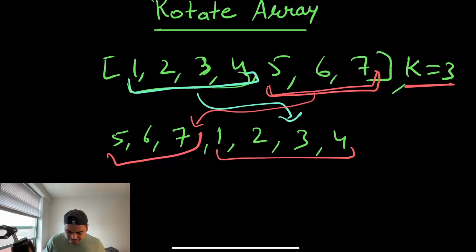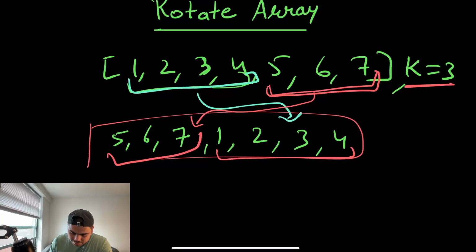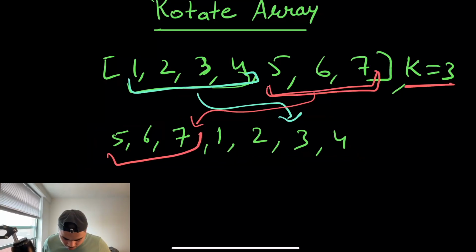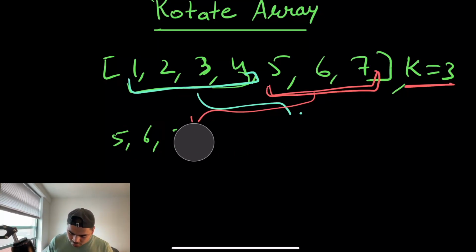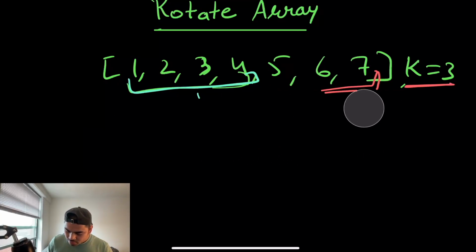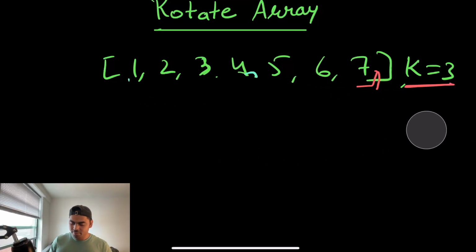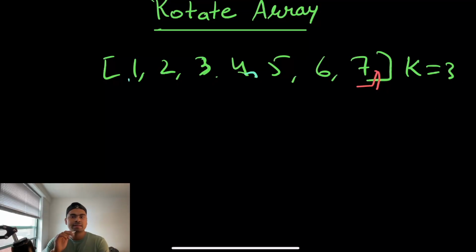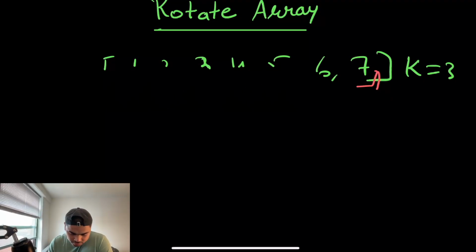So how can we do the same thing in place, so that we are not using this extra memory? One solution is, how about you have this input array and you use a reverse functionality, a common reverse function, and what you want to do is reverse your array first.